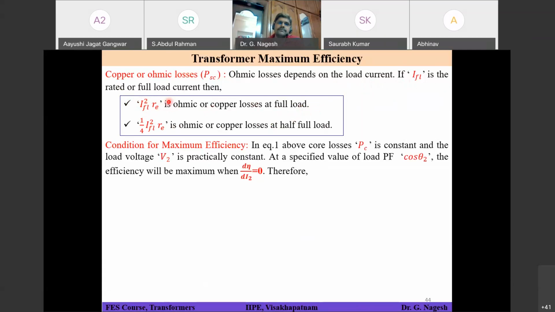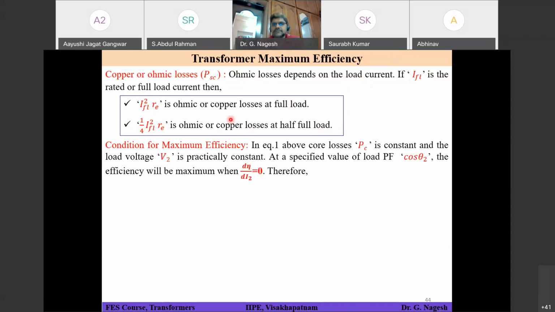If your current is half of full load, that means your current in the secondary winding is only half of the rated value. Then what will happen to the copper loss? Half of full load means 1 by 2 of full load, so (1 by 2 IFL) whole squared. That becomes 1 by 4 into IFL squared into R2, which is nothing but the copper losses at half of full load.